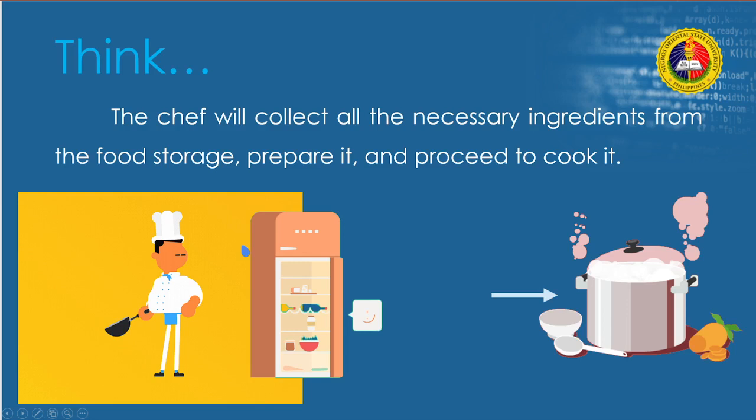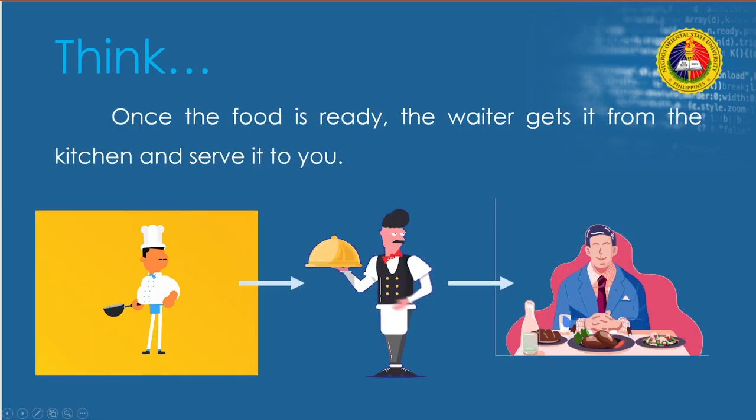So let's try to compare first the relationships between the three people. Here, you are the customer, you sit down, the waiter gives you the menu, you select the food, the waiter takes your order, sends it to the chef.